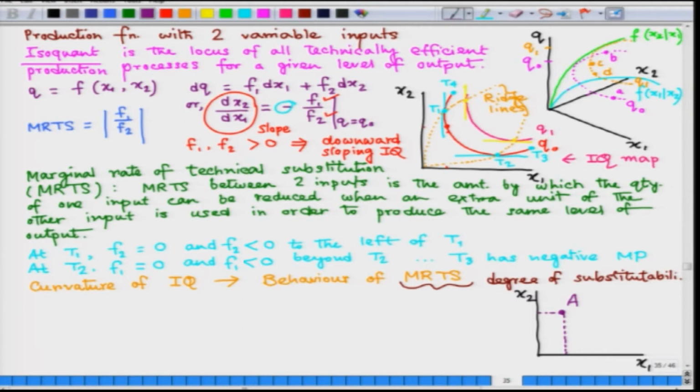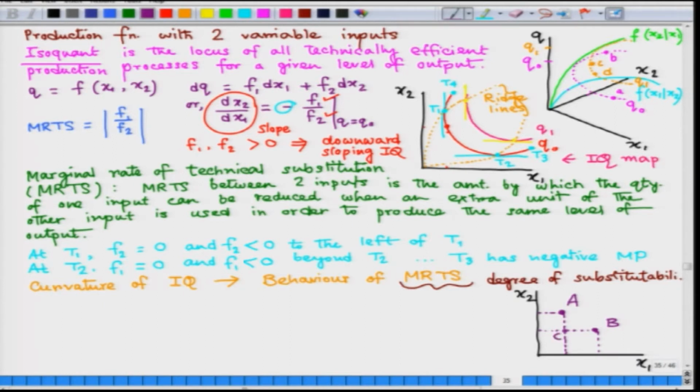Now suppose I want to produce the same level of output, but not using the input bundle A. So then I know that the isoquant is downward sloping, and I can have an alternative bundle, say here denoted by B, which also gives me some input combination that will allow me to produce the same level of output. So let me name this intersection point C.